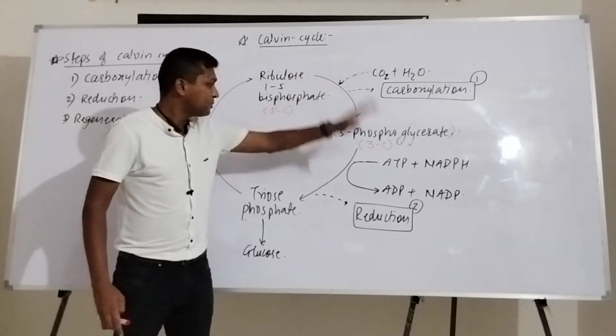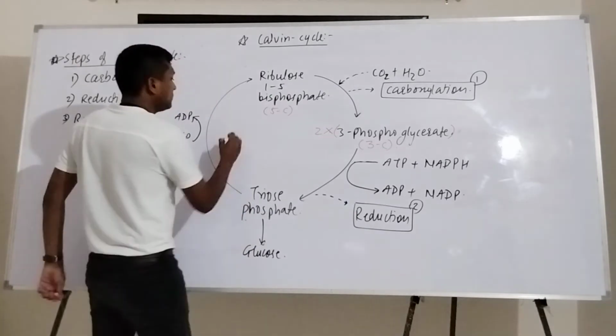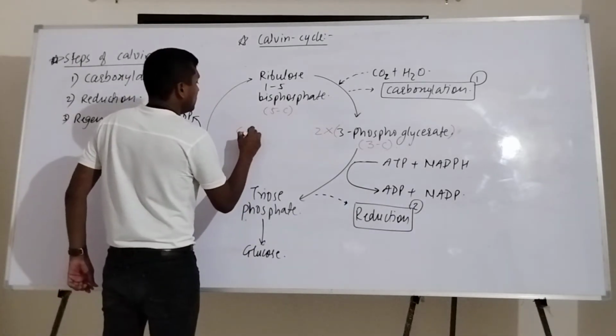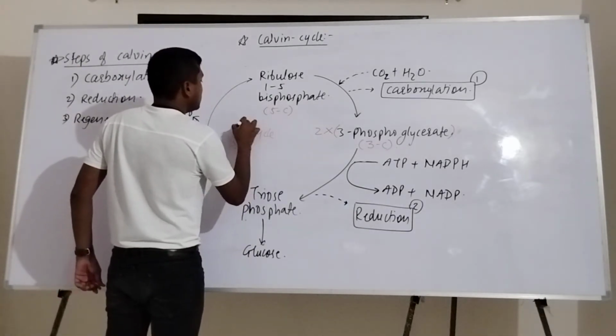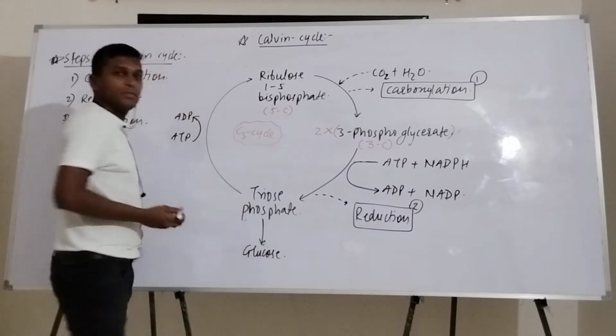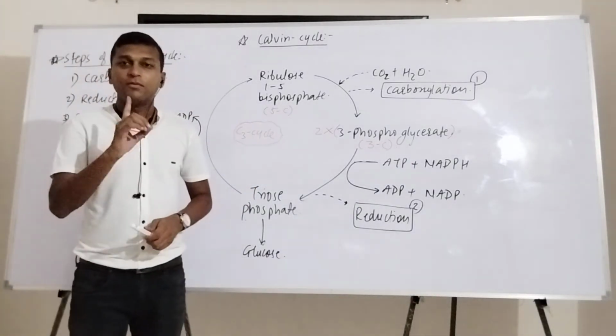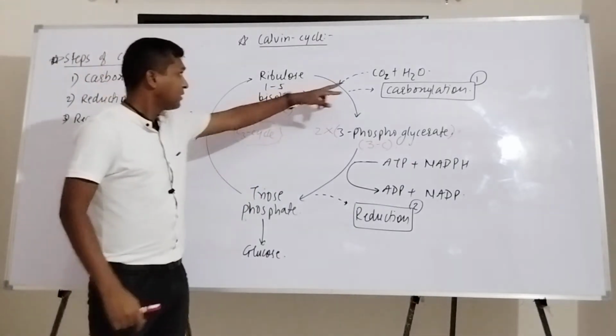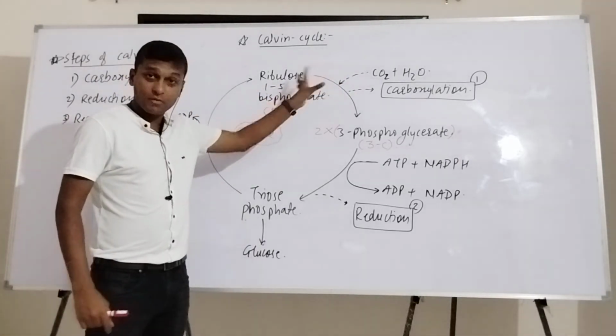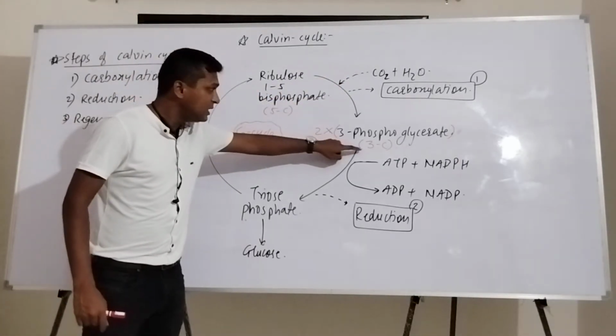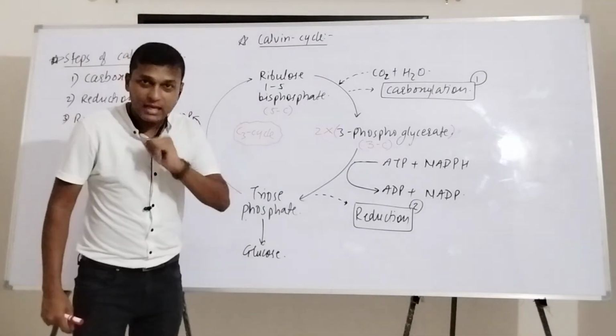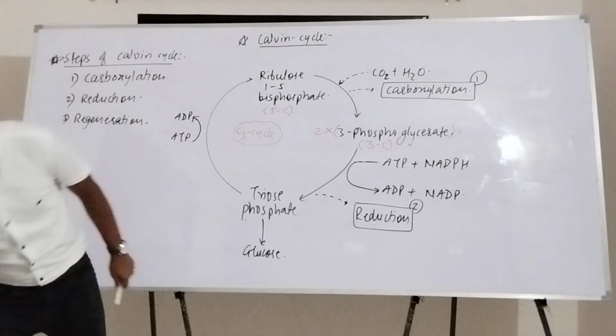That's why this cycle is called the C3 cycle. Because the first stable compound after the fixation of CO2 is a 3 carbon containing compound.